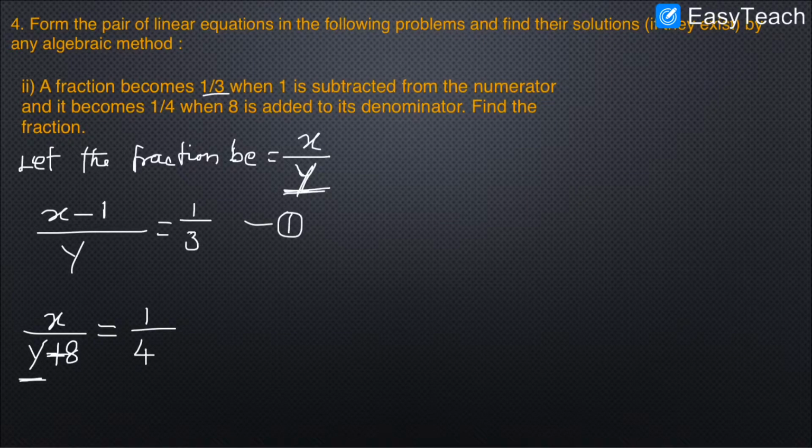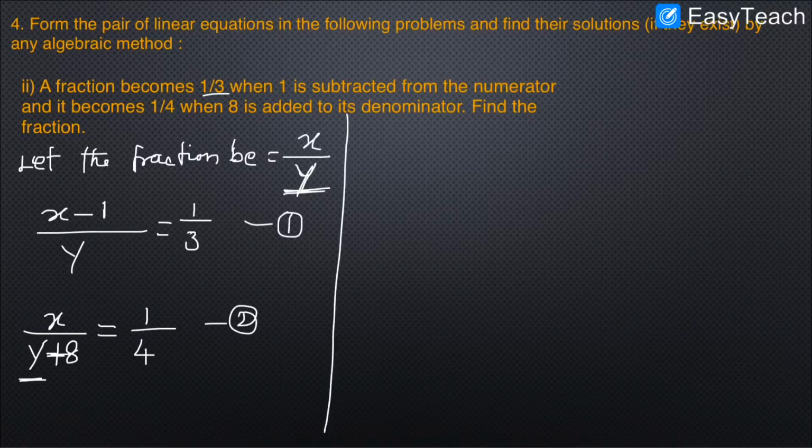So let me read the question again. A fraction becomes 1 by 3 when 1 is subtracted from the numerator, and it becomes 1 by 4 when 8 is added to its denominator, this one. So this is our second equation.